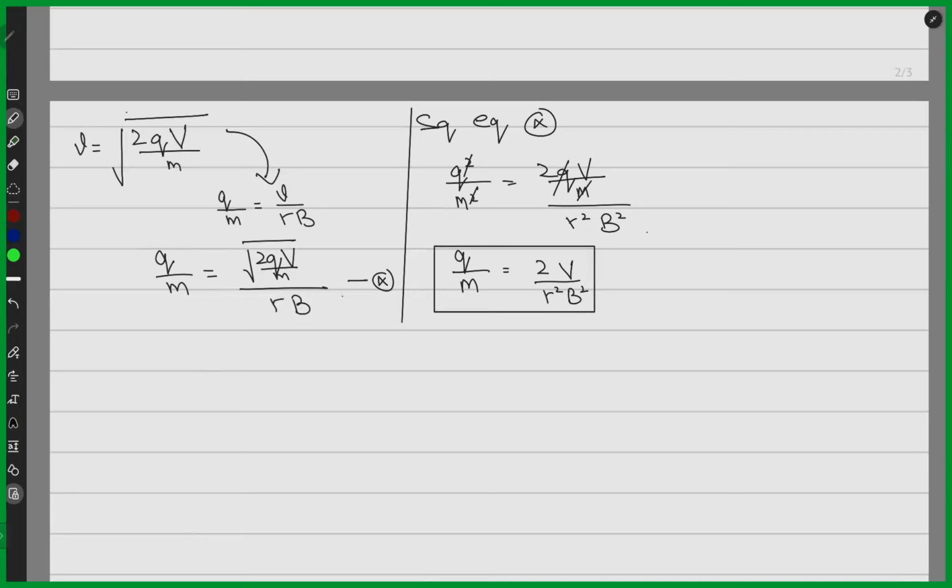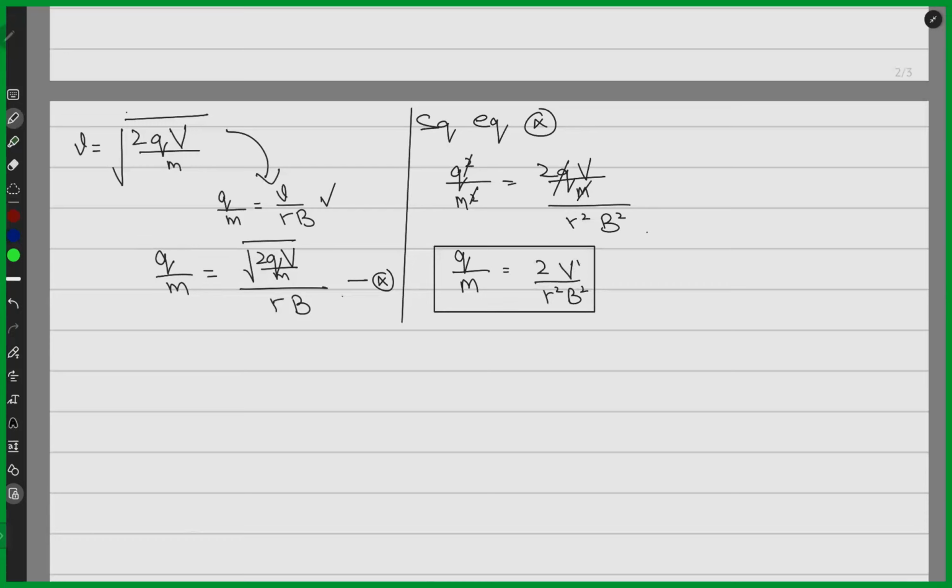Now, how do we use this equation? I told you that the earlier equation, q over m equals small v over rB, was really no good, because we could not tell the velocity of those electrons. But if you look at this equation, let's see all the parameters on the right side. First, we have 2, just a constant.